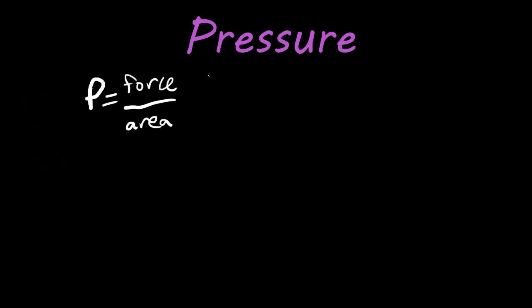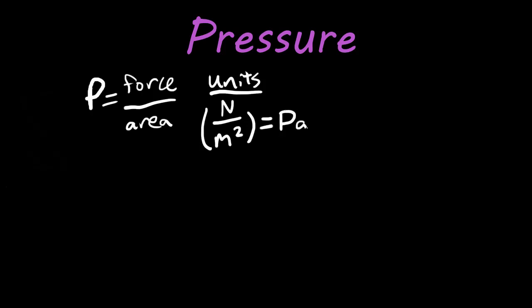If we're thinking about units, SI units for force is newtons, divided by area, which is meters squared. And this whole term is actually given a special unit, which is known as pascals, or Pa for short.